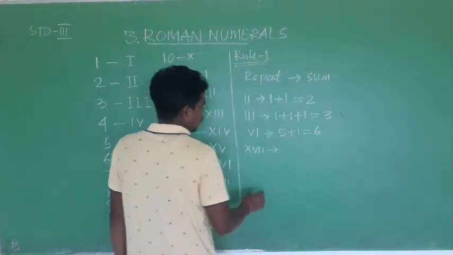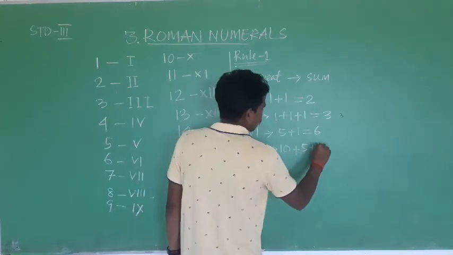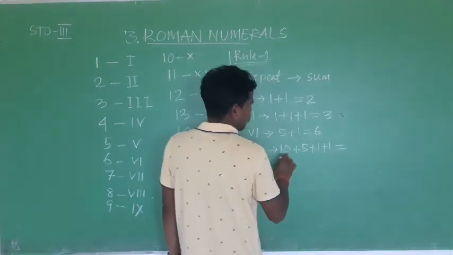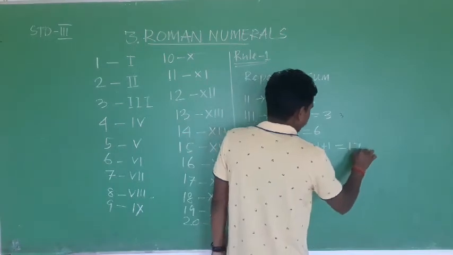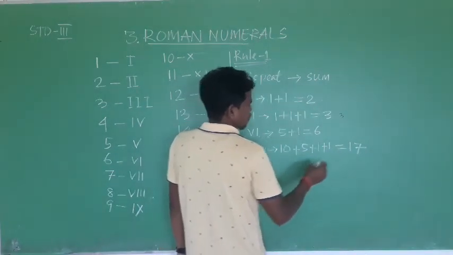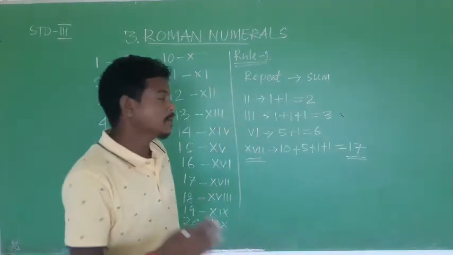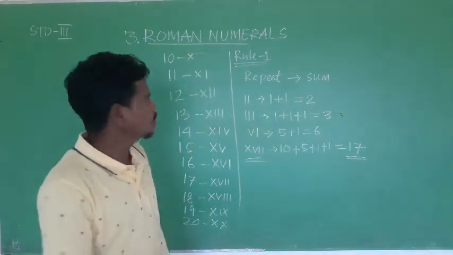That is equal to what? 10 plus 5 plus 1 plus 1, that is 10 plus 5, 15, 16, 17. So this Roman symbol represents 17 in Hindu Arabic numerals. Okay. This was the first rule, students.